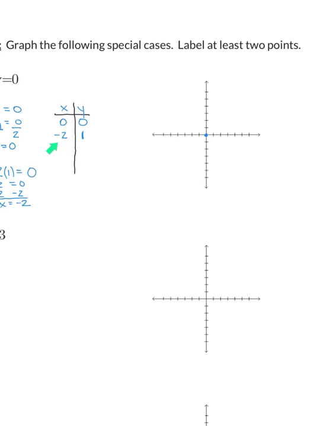This tells me I want to go left 2 and up 1. So if we do that, we get 2 to the left, up 1, and so I should be just above the x-axis in the second quadrant.